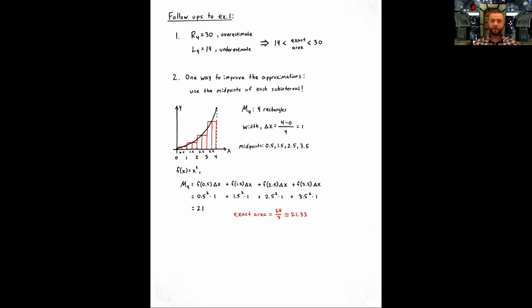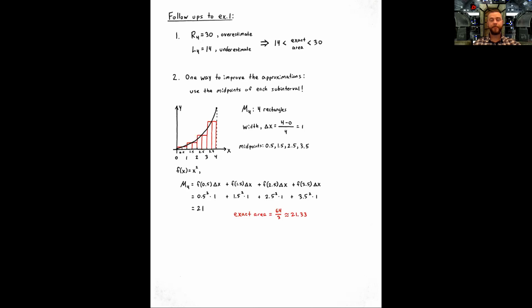But if you work that out, multiplying each height by the width, 1, this comes out to 21 units, which is kind of what we expect. An accurate or exact answer should be somewhere between 14 and 30 from what we found in example 1. And 21 is right in the middle.